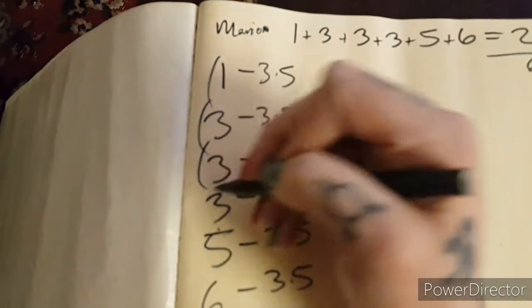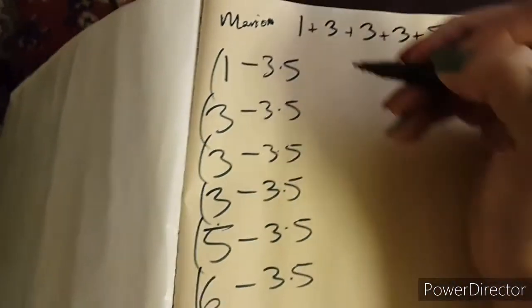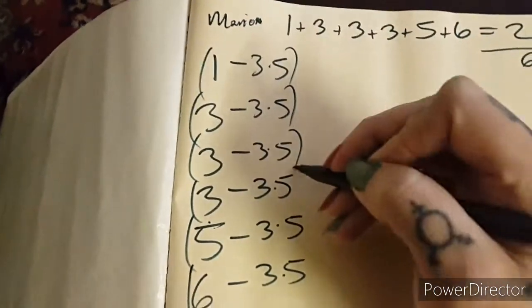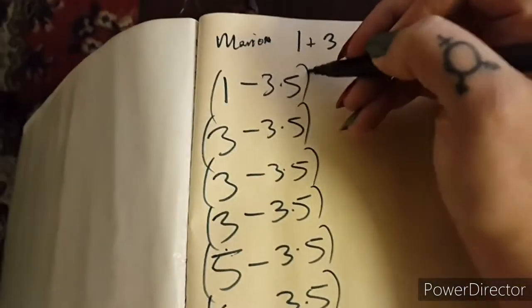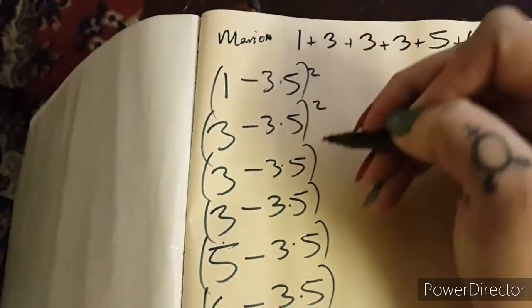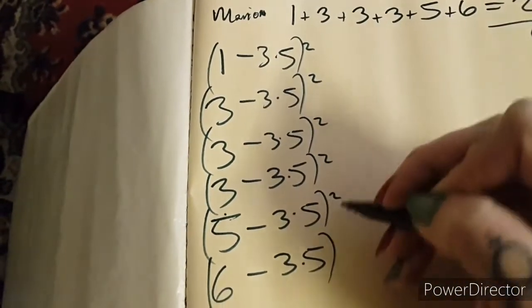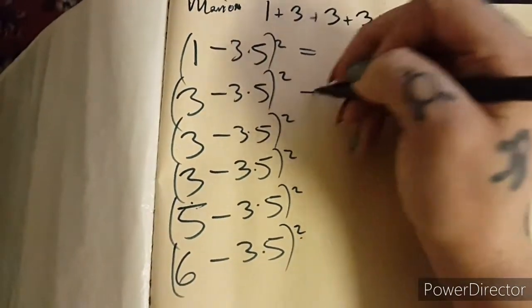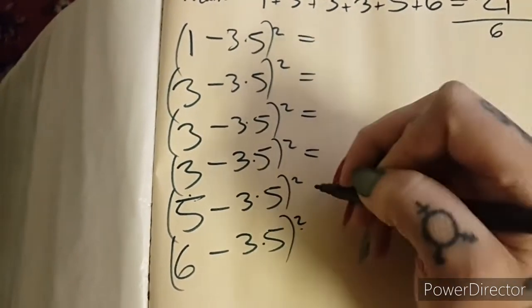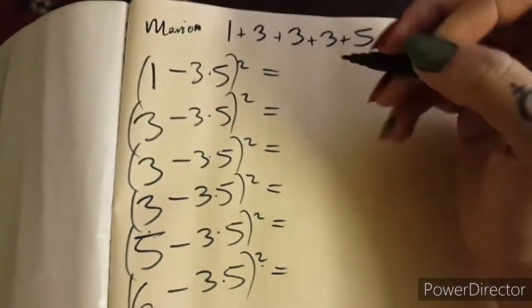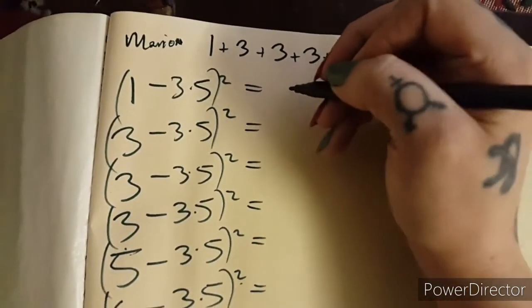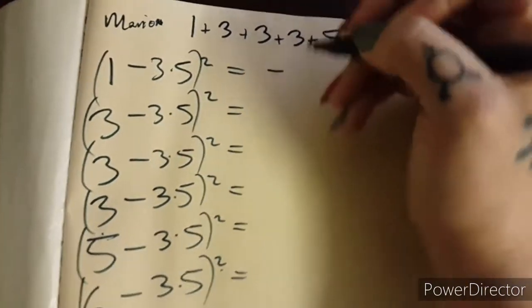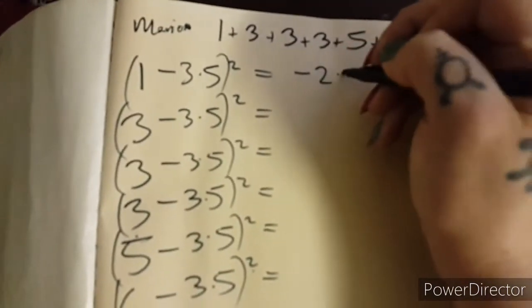So we square these results. Now, what does that mean? Well, let's just do the calculation on that. So 1 minus 3.5 equals negative 2.5.